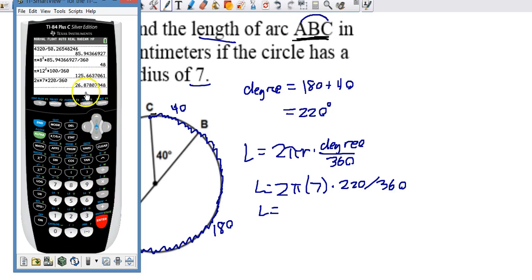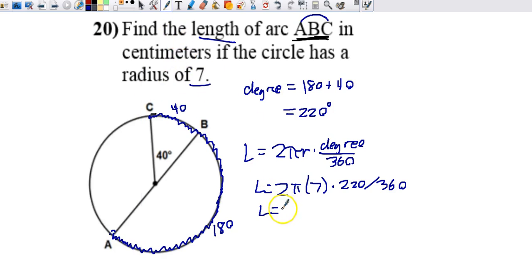And that's going to get us 26.878, so 26.88 centimeters.